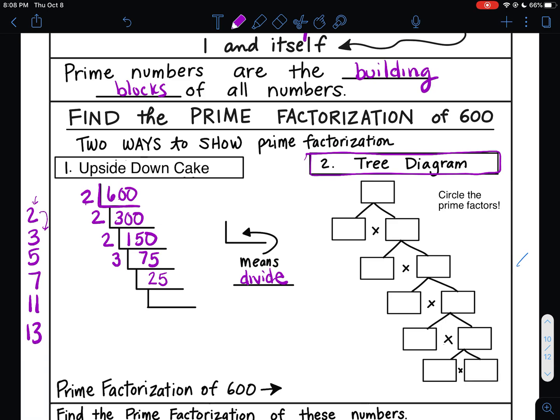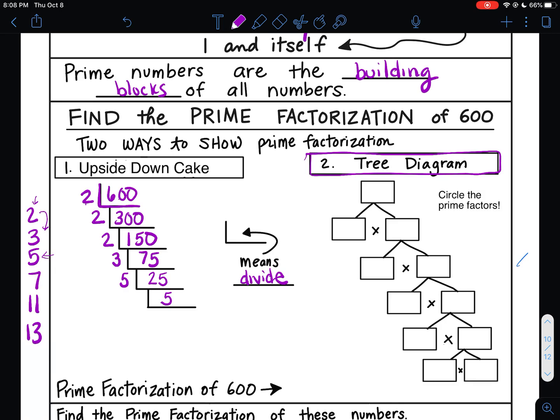Okay, so stick with 3. So is 25 divisible by 3? It's not. So then you jump to your next prime number, which is 5. And 25 is divisible by 5. 25 divided by 5 is 5.